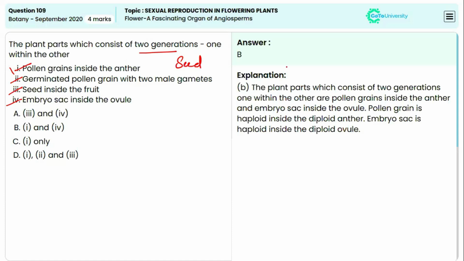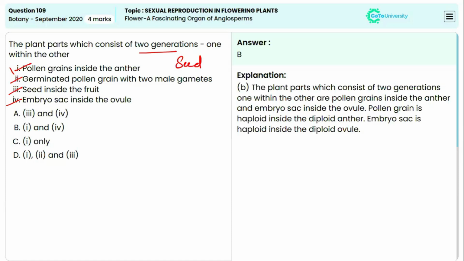In other words, seed is a mature integumented megasporangium, and the seed's characteristics are of the spermatophytes, gymnosperms, and the angiosperms. So, seed has essentially an embryo, which is the tiny future plant, and the origin of the embryo is from the fertilized egg or zygote.